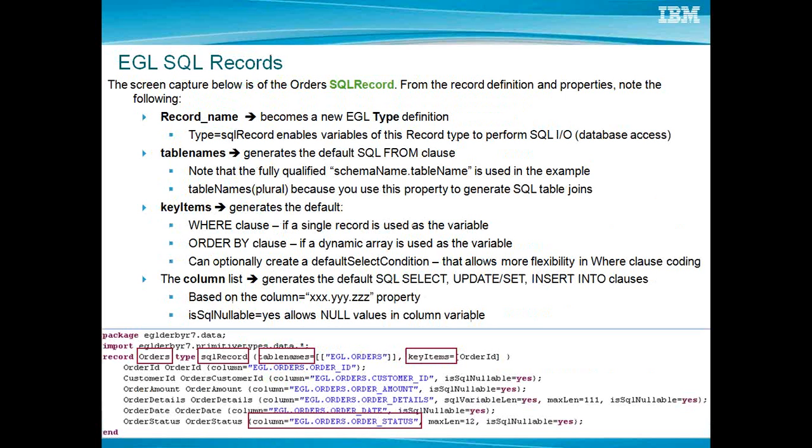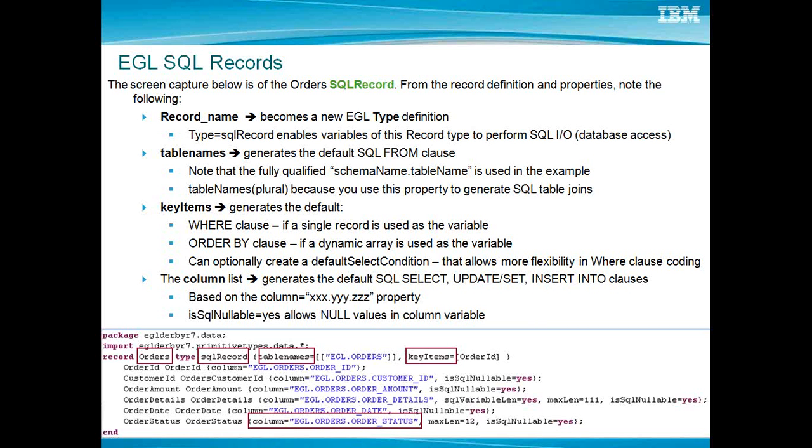If you see here at the bottom, we have the order SQL record. Its type is SQL record, and within the curly braces, we have multiple properties set, like table names, and inside the bracket signs, if you see, this angle bracket represents that we can specify multiple tables or multiple items.